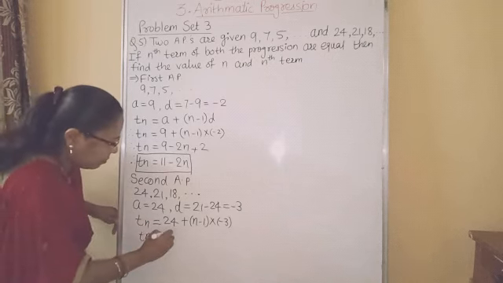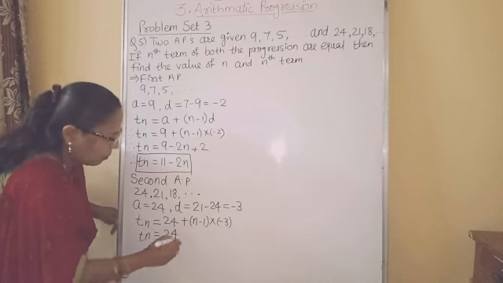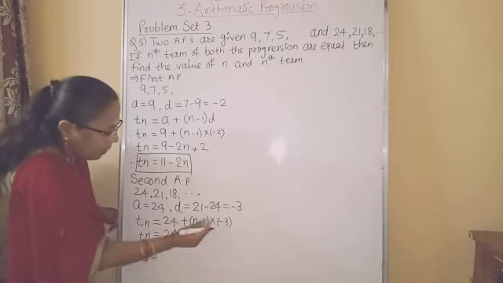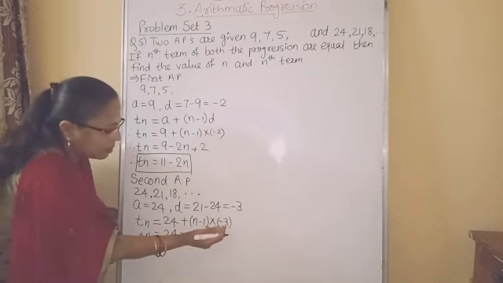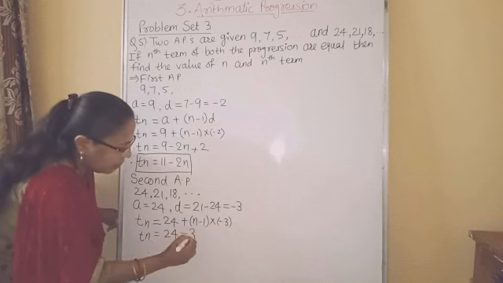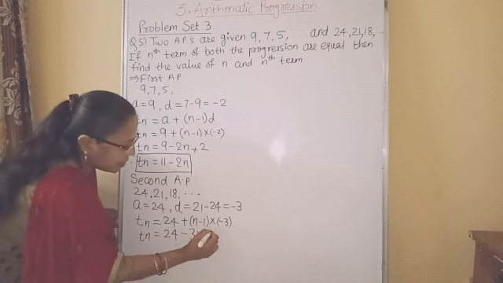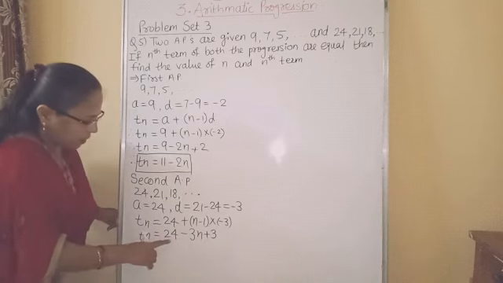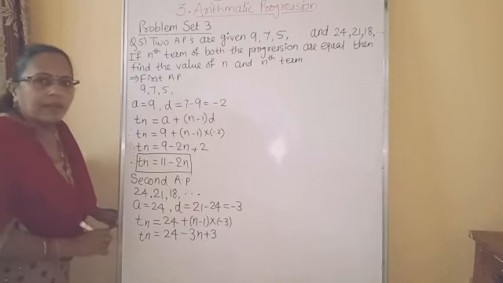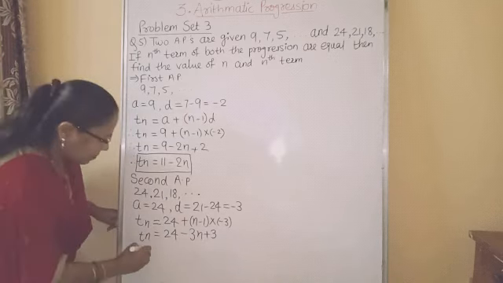Okay, therefore Tn is equal to 24. Now this plus into minus, minus 3 into n gives minus 3n, and minus into minus gives plus, 3 1s are 3. Now 24 plus 3 is 27.